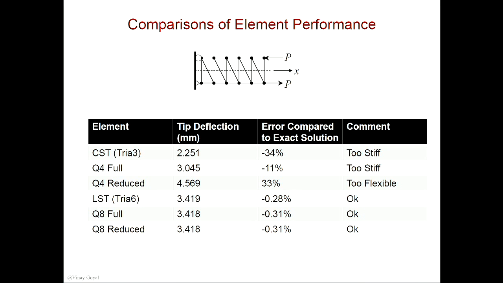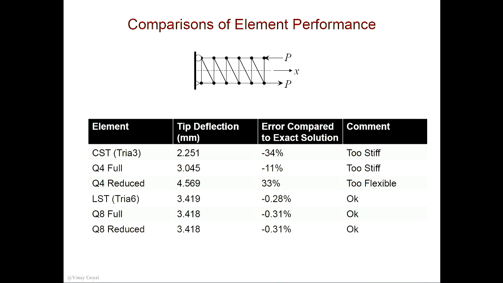If you want to look at tip deflection and compare the different element types, you already know what reduced integration means. I'll cover that a little bit later as it applies to solid mechanics. But you already know what to do with reduced integration, basically using fewer integration points to evaluate the integrals. When I do that, the error compared to the exact solution is really stiff for the Tria3, the linear triangular element.